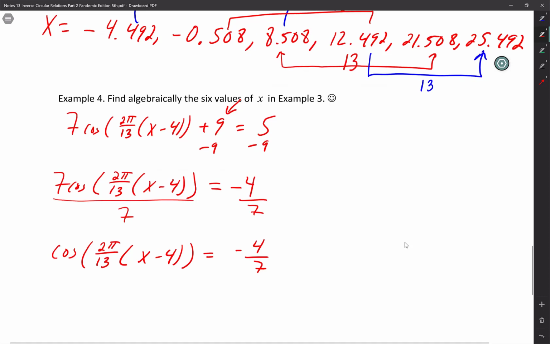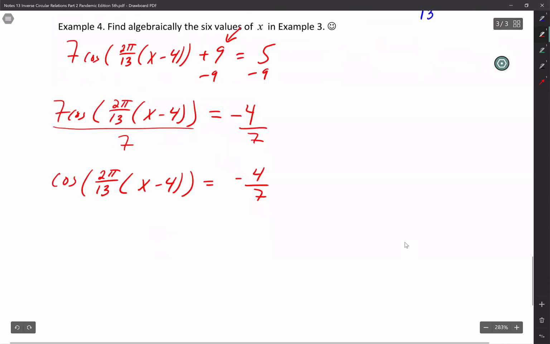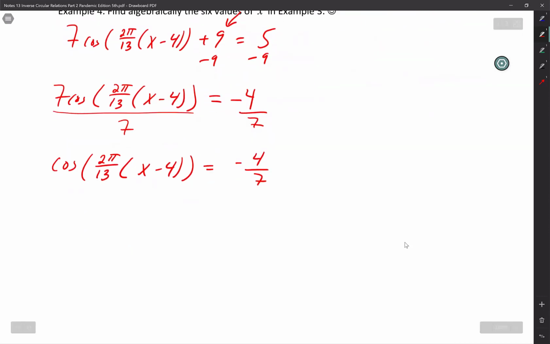Next, I want to get rid of the cosine, guys. So I want to get rid of the cosine on the left-hand side. The only way to get rid of the cosine on the left-hand side is to do the inverse cosine. Hopefully you understand that from doing inverses in your algebra days, and from finding angles and stuff like that.